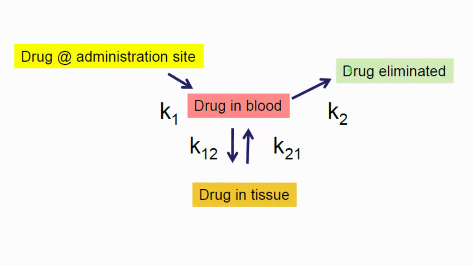Elimination of the drug from blood will be another first order kinetic reaction. We will see about it later. And now you have two first order reactions. The drug is moving from blood into tissue, and the drug from tissue is coming back in blood. If it's a long-term process, two first order reactions will make one equilibrium constant here.